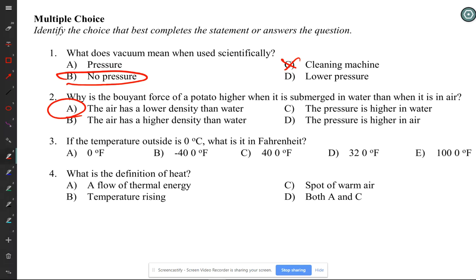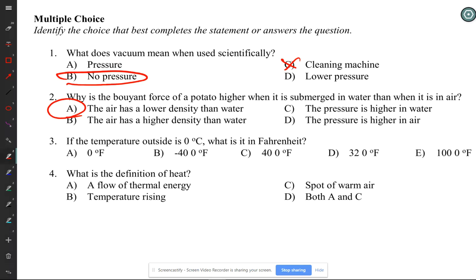If it's more dense, it's going to displace the same amount of fluid but weigh more and sink. If it's less dense, then if it were to displace the same amount of fluid, it would go upward. And so it floats out to the top where it doesn't displace as much. So the difference is the density. Lower density things always float on higher density things.